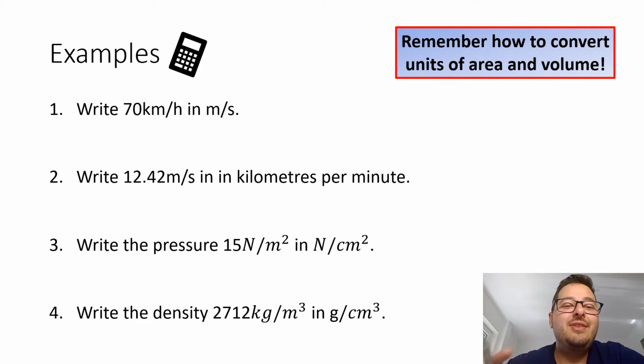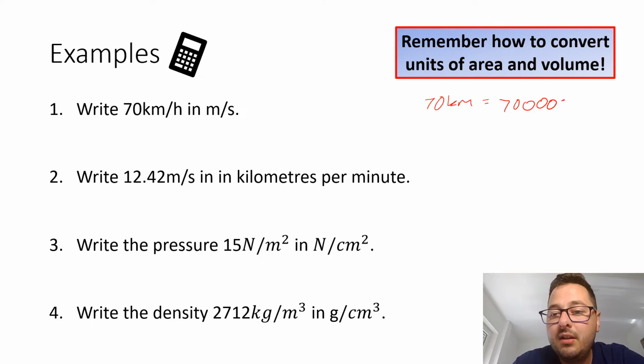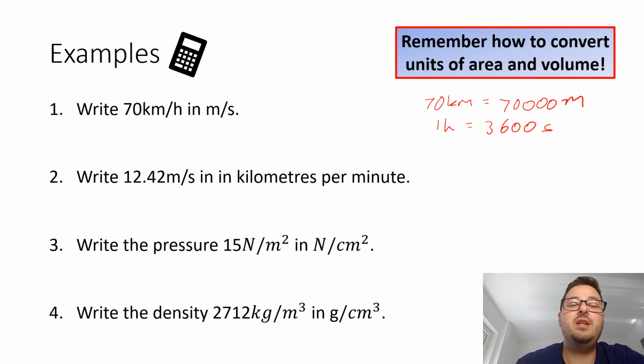We want to write 70 kilometers an hour in meters per second. Okay, well, let's convert. We want to turn 70 kilometers into meters. So 70 kilometers is the same as 70,000 meters. And we want hours into seconds. So from before, we've got that 1 hour is the same as 3,600 seconds.